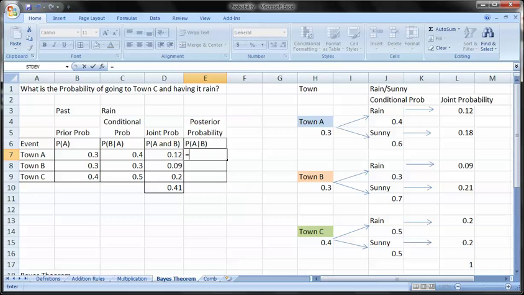So equal sign, this divided by this number, and I'm going to push F4. The little dollar signs mean this cell is not going to be moving anywhere. And then I just simply scroll it on down. Which means, going back to our question, what is the probability of going to town C and having it rain? Well, 48%.